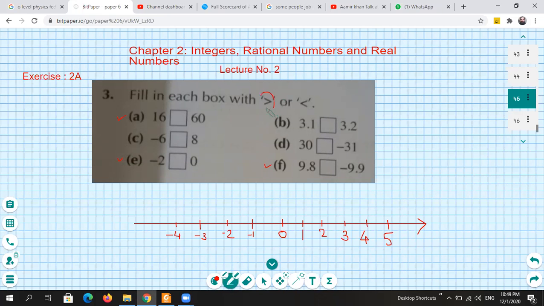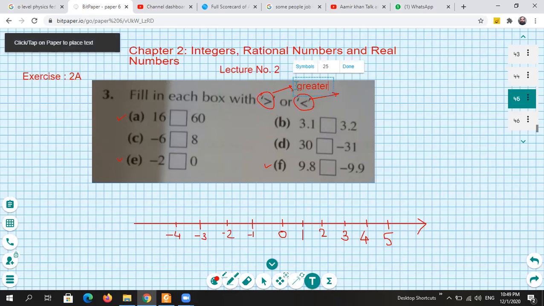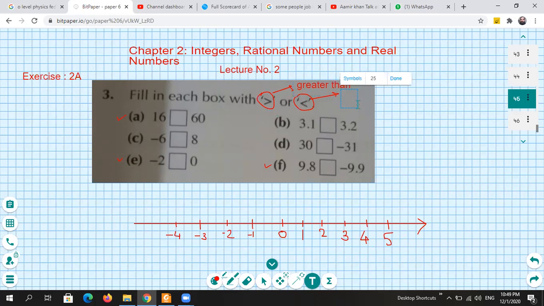This one is the greater than sign and this one is the less than sign. These signs are used to compare two numbers by their size.